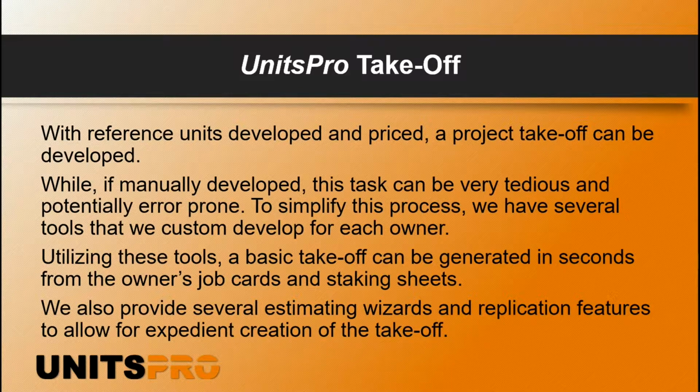If it's the taking sheet we're provided with, we can untake that. So whatever we're provided with electronically, we can grab a hold of that and within seconds have it into UnitsPro. So we're not spending another 2, 3, 4 days trying to take the owner's documentation and make it our takeoff.